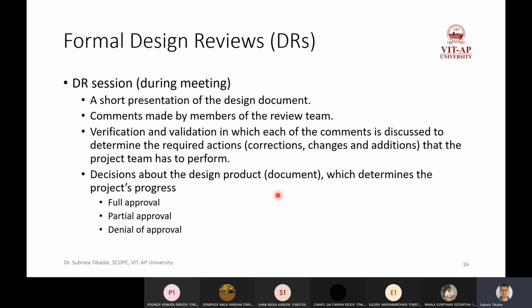If it is partially approved, meaning some corrections are required, then the team members are asked that they should make those corrections, and then after re-preparing it, this partially approved product is finally approved.